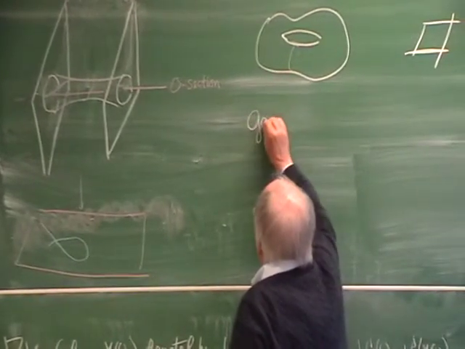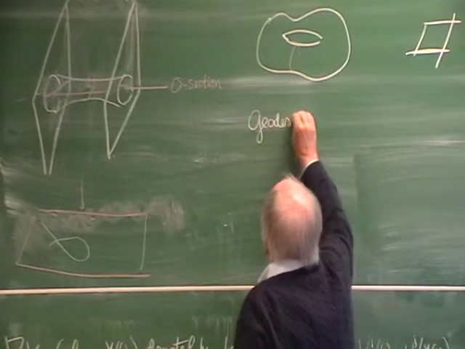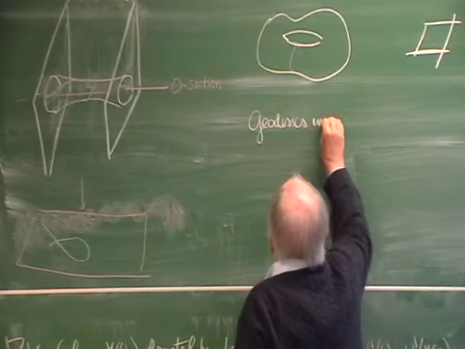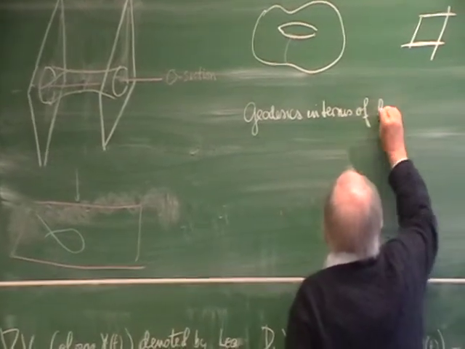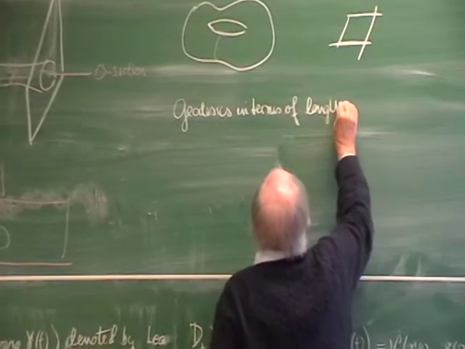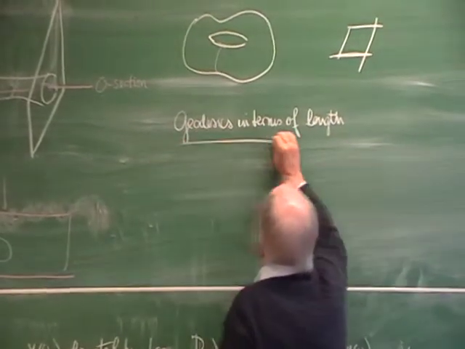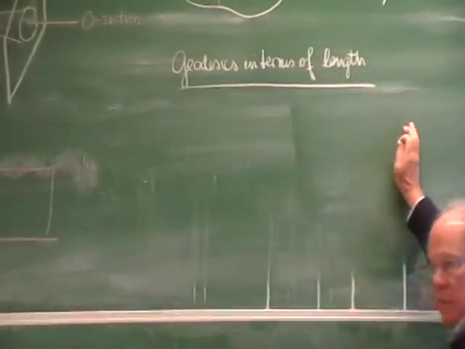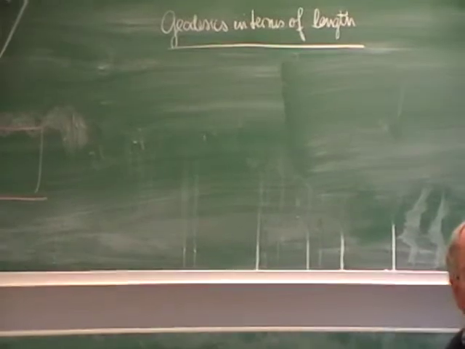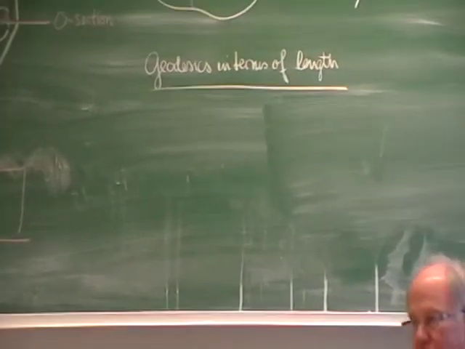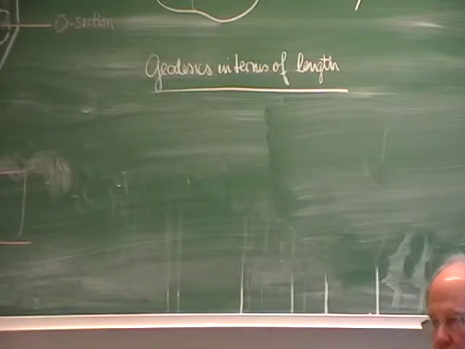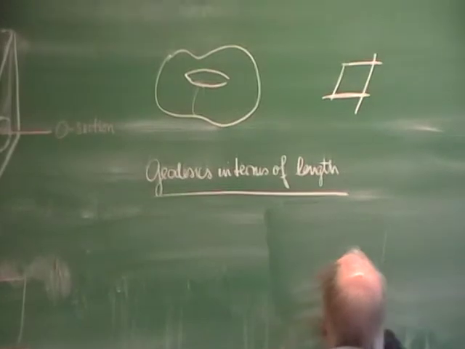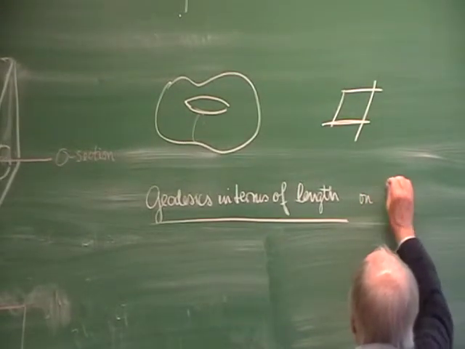So geodesics, in terms of length. I mean, I think that's what we all think of when we think of geodesic, the shortest curve, the length of the shortest curve, right? So the setup that we have here is we have a Riemannian manifold.